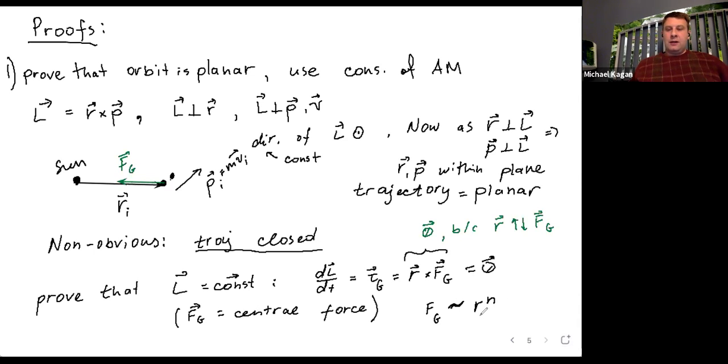It turns out that there are only two values of n for which the trajectory is closed. Either n equal to -2, as you can guess. That's Newton's law of gravitation. And there is one more value of n for which it works.